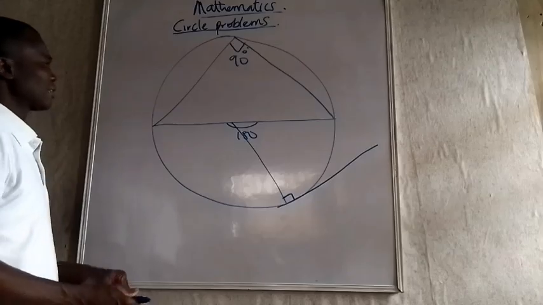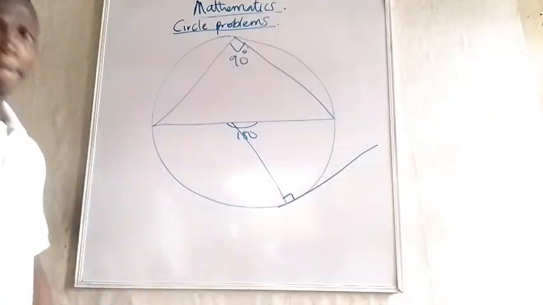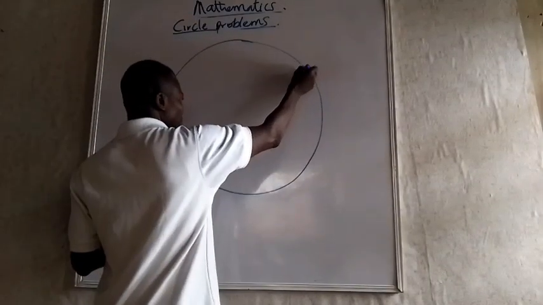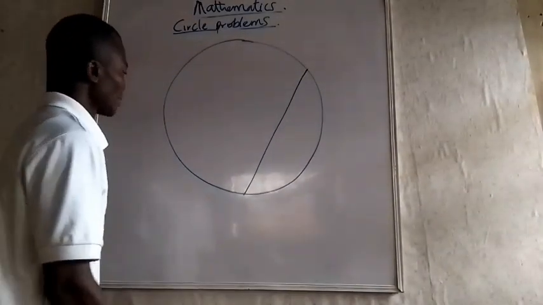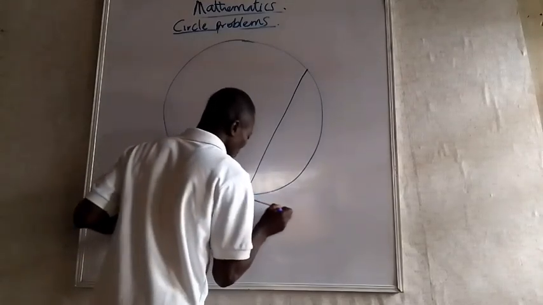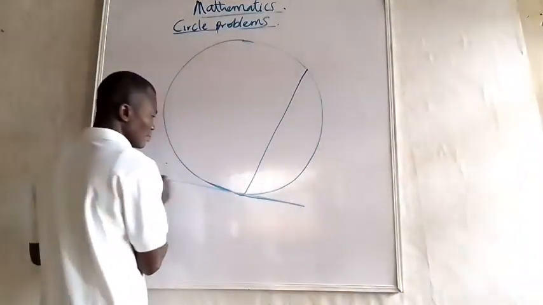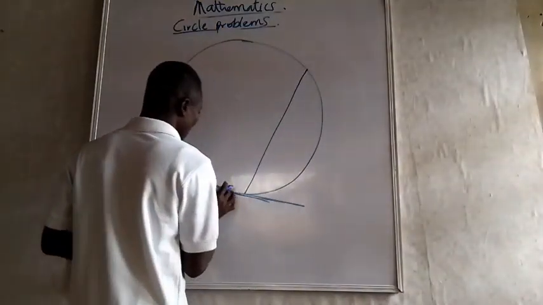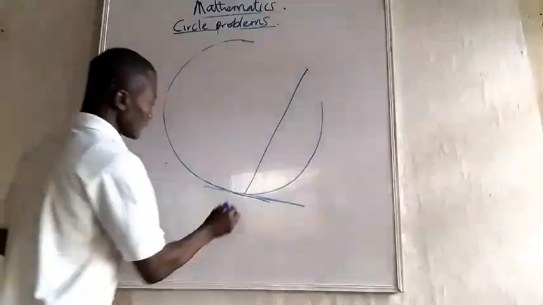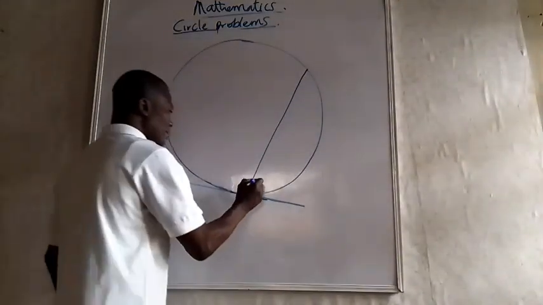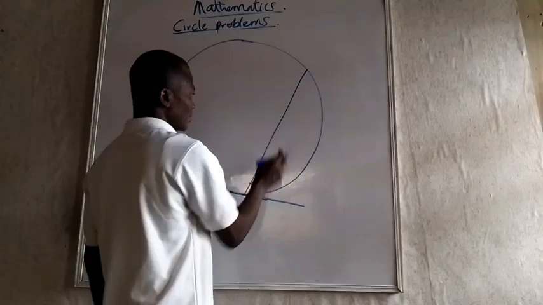Let's talk about alternate segment as well. Now, if we have a chord like this, and we have a tangent like this, you can see that's the tangent, and the tangent goes like this. There is an angle between this piece and this chord.